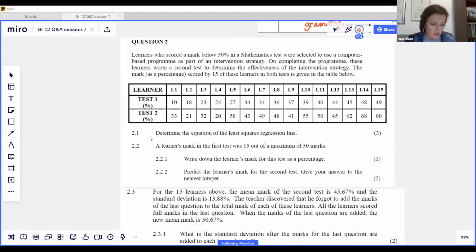So the first question is for us to determine the least squares regression line. Now, unfortunately, I don't have a calculator. I tried very hard today to download one that could project into the Zoom, but you need a computer science degree for that.